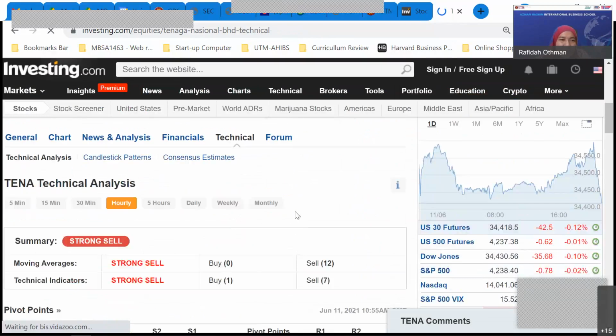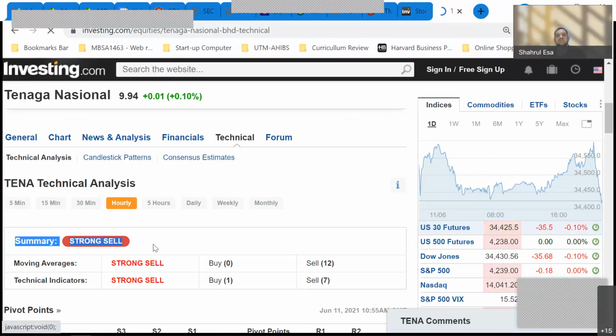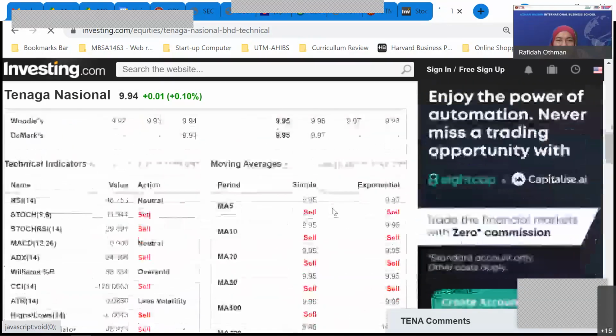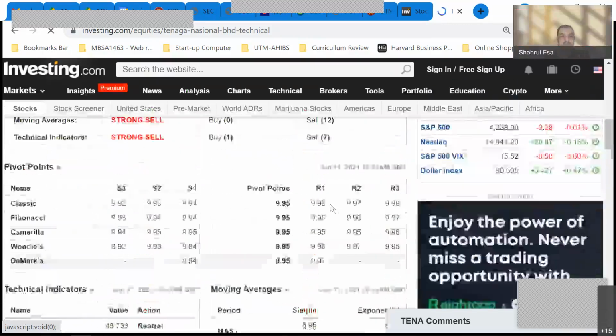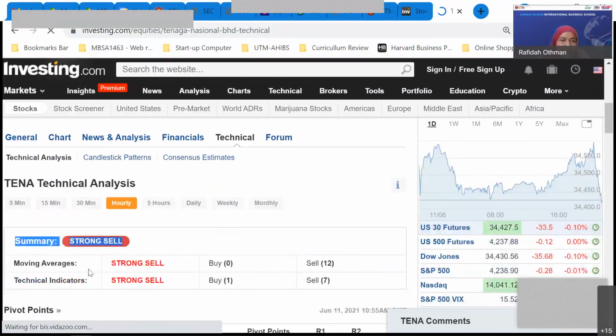Okay, so this is the technical analysis. The suggested summary is a strong sell. Why? See the price. Okay, so why is it a strong sell?